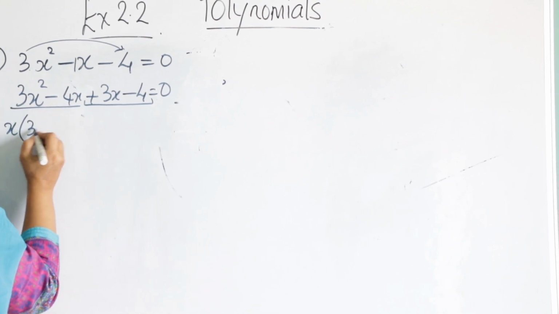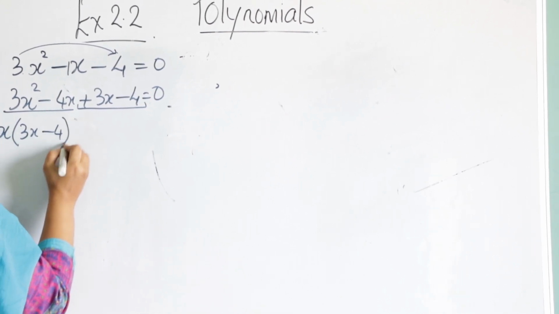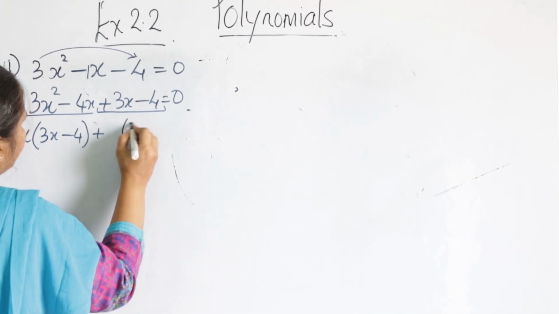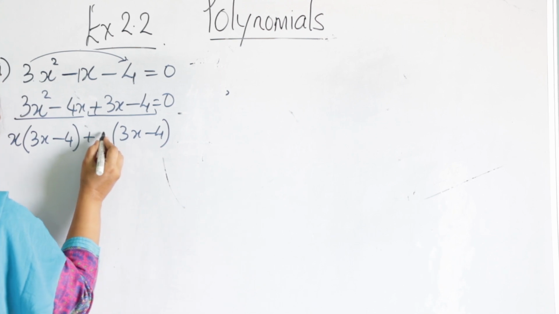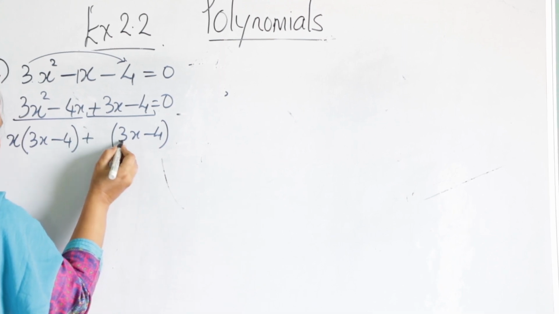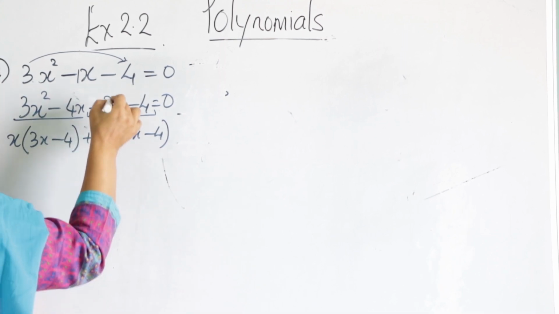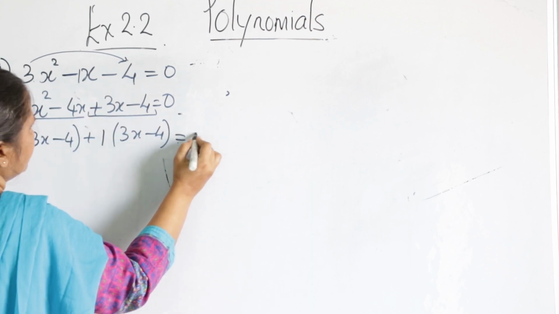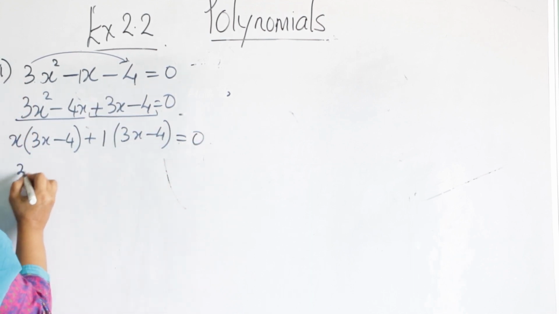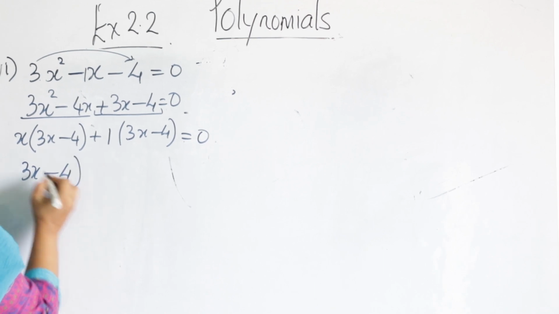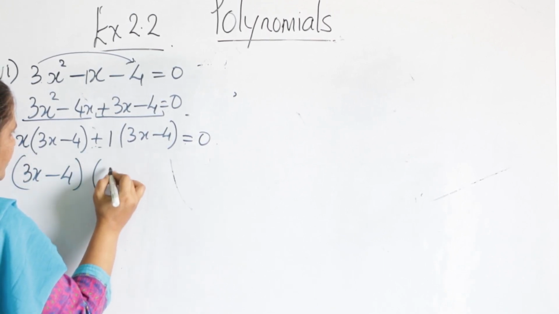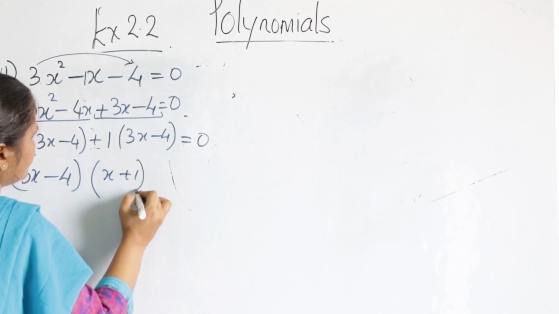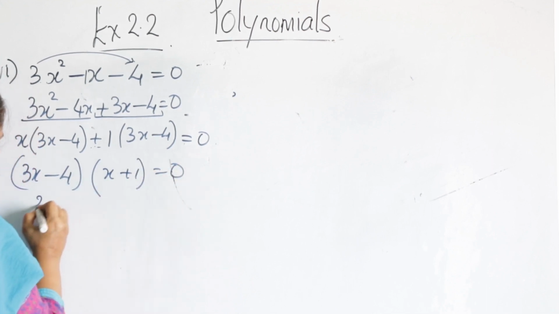So you are left with 3x minus 4 plus, and immediately you write here 3x minus 4. When you multiply 3x by 1, you will get plus 3x, equals 0. So you have 3x minus 4 and you are left with x plus 1. x plus 1 equals 0.